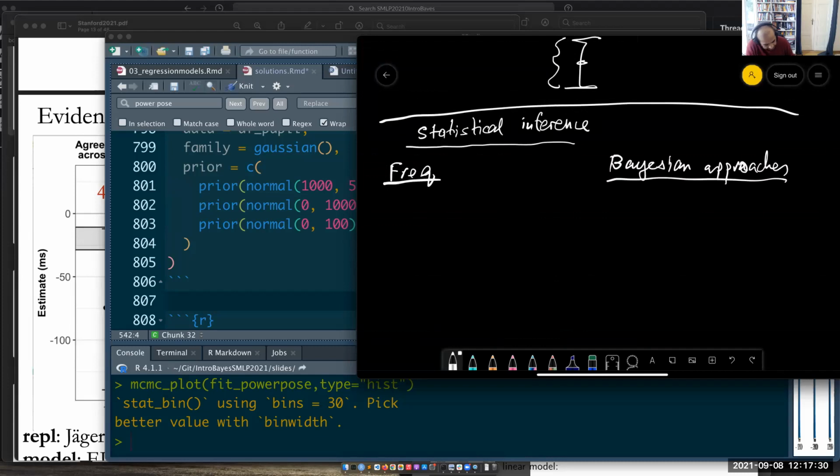So the classical frequentist approach is to carry out something called a likelihood ratio test. You must be familiar with this, right? This is the ANOVA.